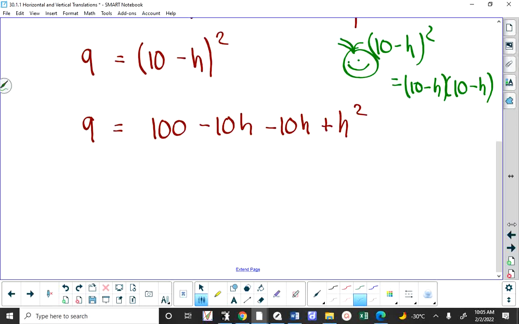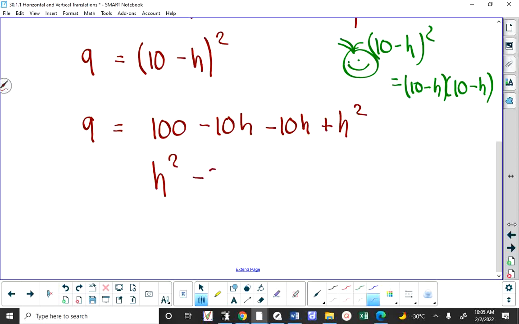We see that this is a quadratic equation because it contains a variable squared, and the general rule for a quadratic that you learned about last year is you zero the equation. We need to get everything on one side of the equation. I prefer to put things on the side of the equal sign so that my quadratic term is positive. And since it's already positive h squared on the right, I'm going to leave it on the right.